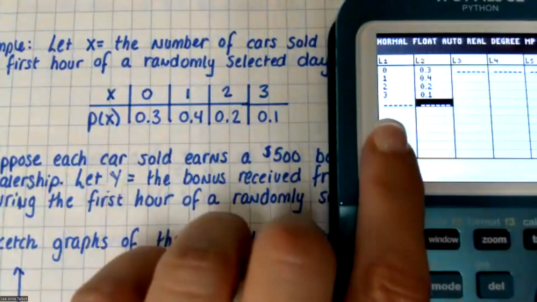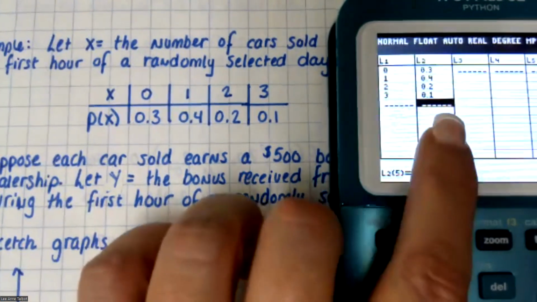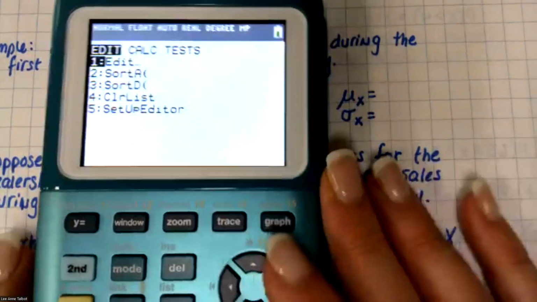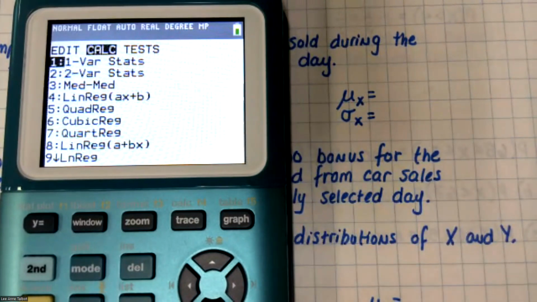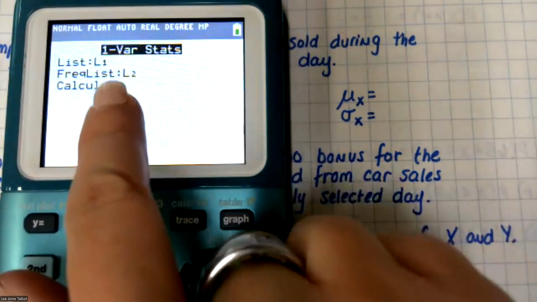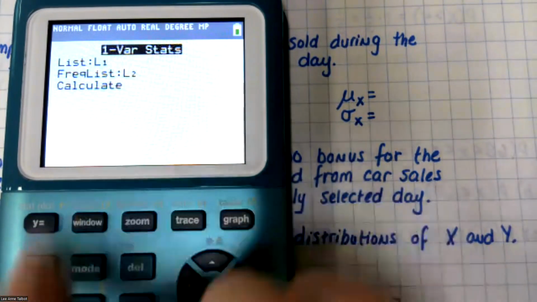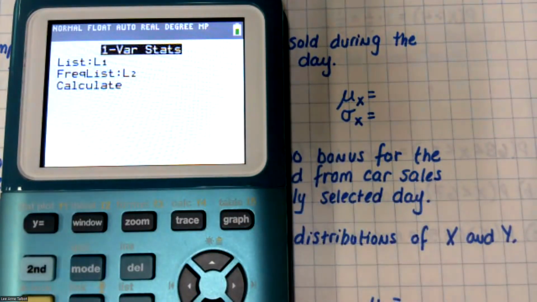Okay, so outcomes in L1, probabilities in L2, then go stat, calc, one variable stats, and make sure that your list is L1 and your frequency list is L2. Does anybody need help with that? You sure?